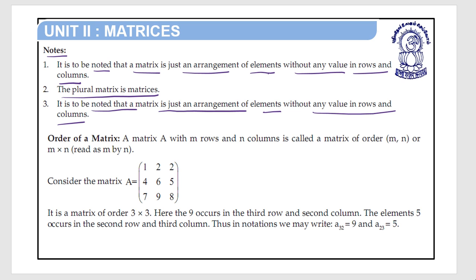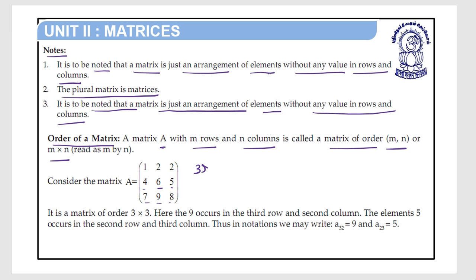Now, order of a matrix. A matrix A with m rows and n columns is called a matrix of order m n or m by n. Consider the matrix A is equal to 1 2 2, 4 6 5, 7 9 8.